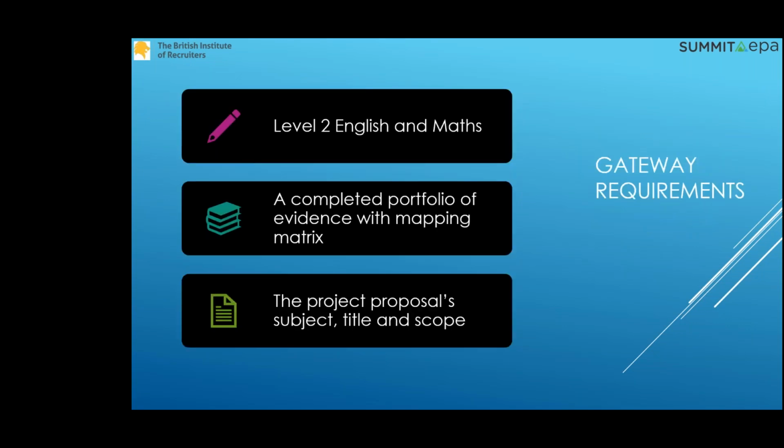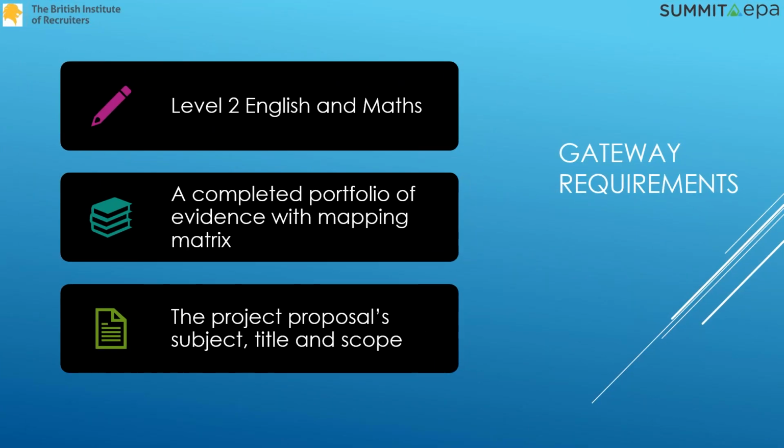But of course, in order to get into assessment, the Gateway requirements are still the level 2 in English and Maths. What they're also asking for is a completed portfolio of evidence with something called a mapping matrix, which I will explain a little bit more later on.